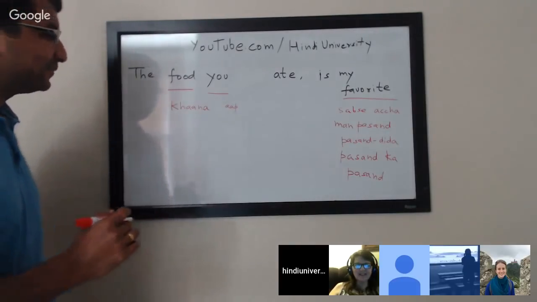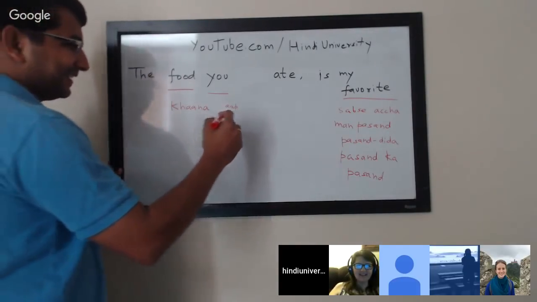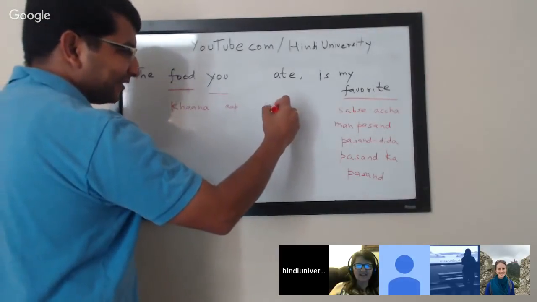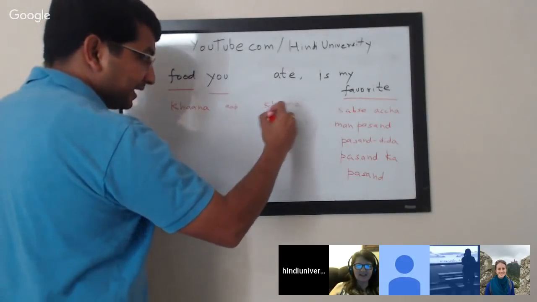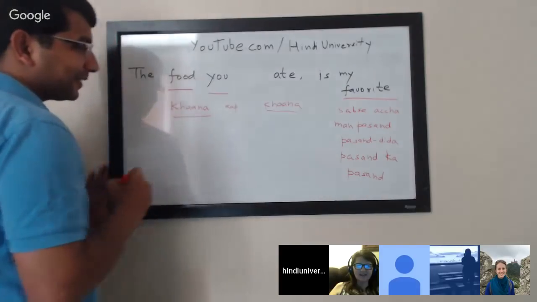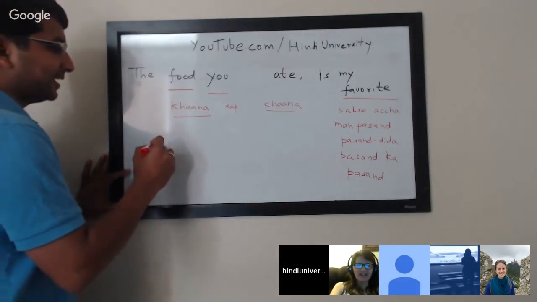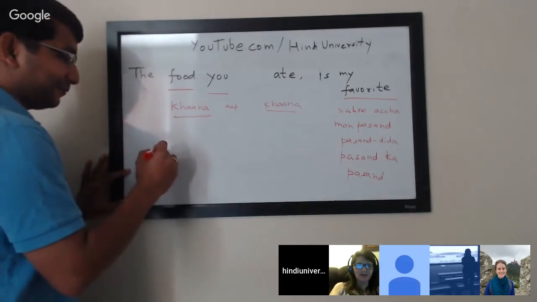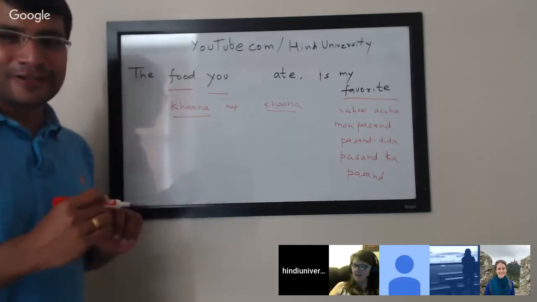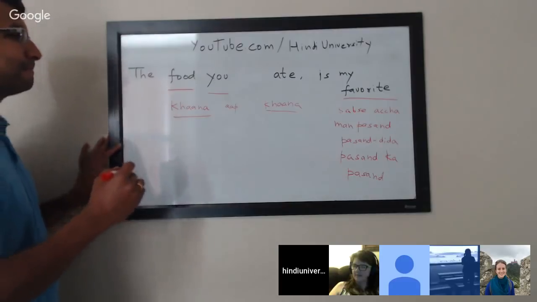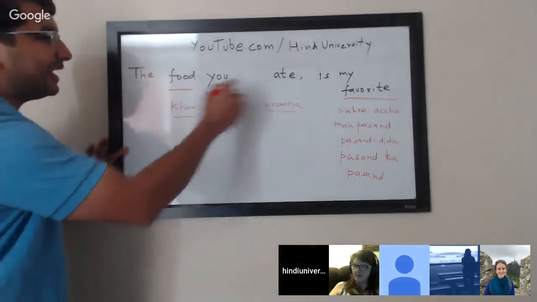So to eat is khana. Okay. To eat is khana, because that's a, and this is a, okay. It's khana. Ate is khaya, the past tense. Very, very good. Okay. How do you say you ate the food?